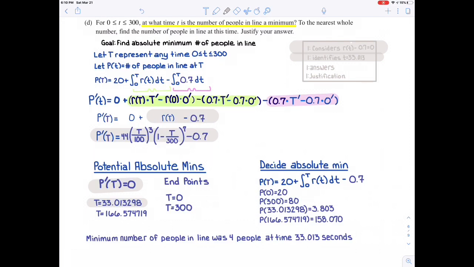The third point is the answer. The answer included the number of people and the seconds. The fourth point came from the justification. Substituting in your endpoints and your potential local mins and maxes is the justification.